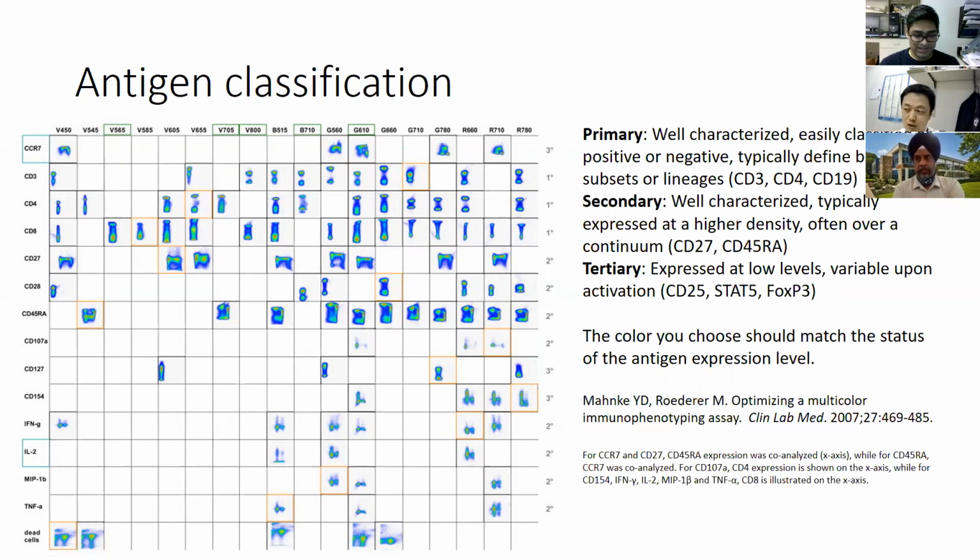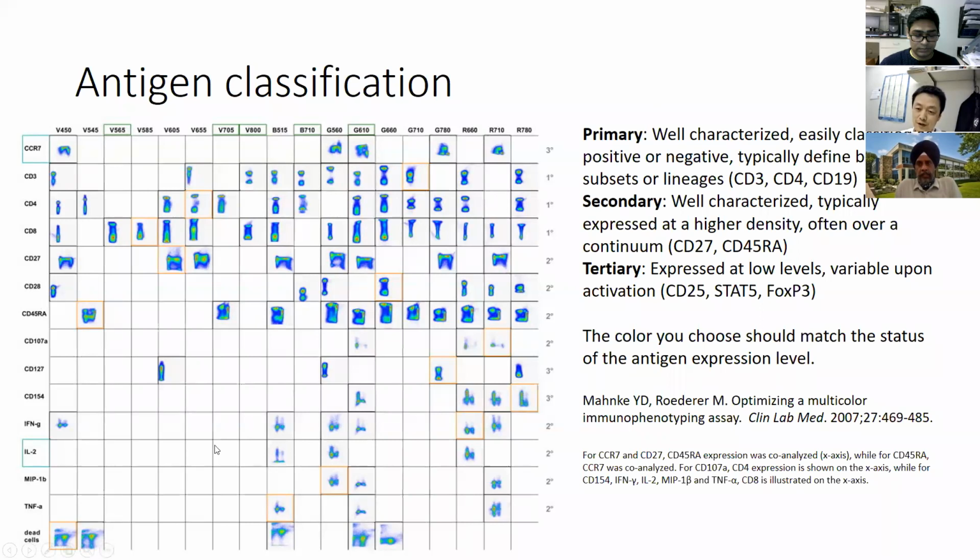This one is usually expressed at low levels, but the expression level can change upon activation or stimulation. So when you pick your antibody and colors, you have to consider: are you looking for normal low levels or levels after activation? You have to consider this to pick the brightness of your colors.